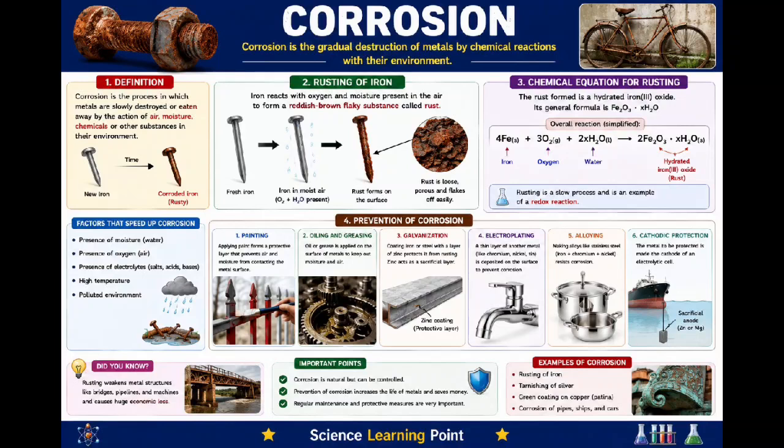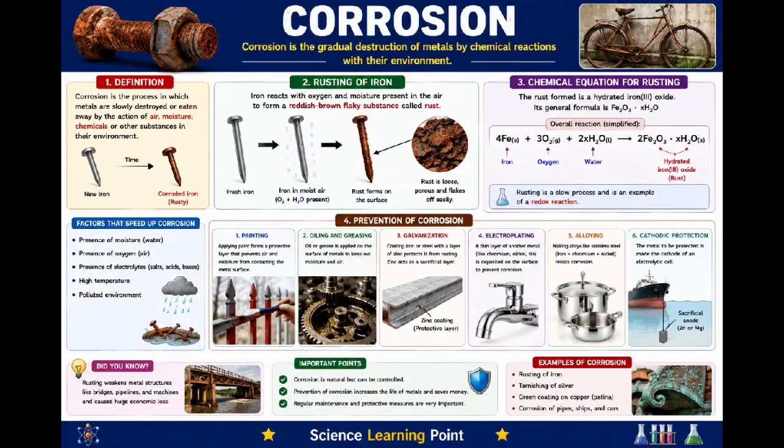The most common example of corrosion is rusting of iron. When iron is exposed to oxygen and moisture, it slowly forms rust. Rust is a reddish brown substance that appears on the surface of the iron. If rusting continues for a long time, the iron can become weak.